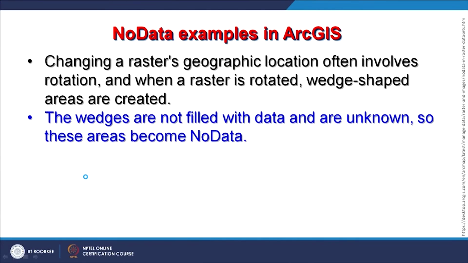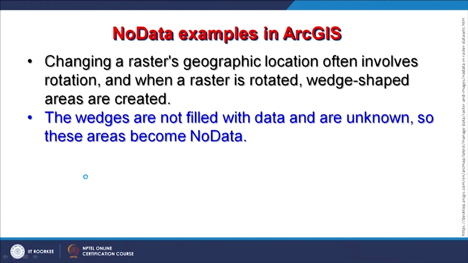Then on the sides there might be some background or wedges created, which will bring these no data zones or no data areas. So, if by default we assign no color, then it will mix with the background and there should not be any issue.